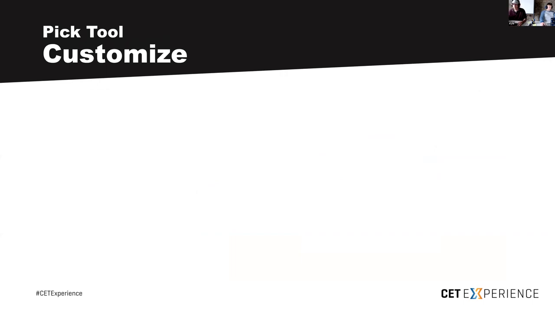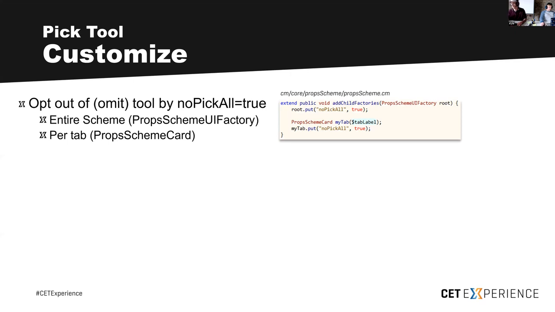There's actually a lot of entry points for you to customize how this behavior works, or you can get rid of it altogether. So we're going to cover that first real quick. If you happen to not want this tool at all, again, by default, it'll show up for your prop schemes in 11.5. You can remove it from the entire scheme by setting the no pick all prop to true.